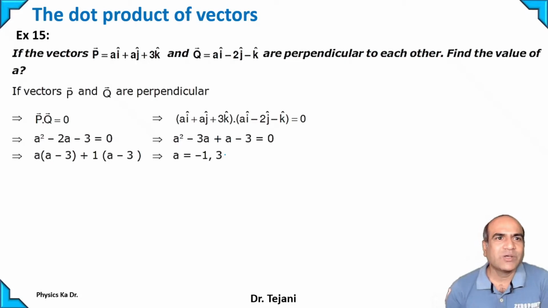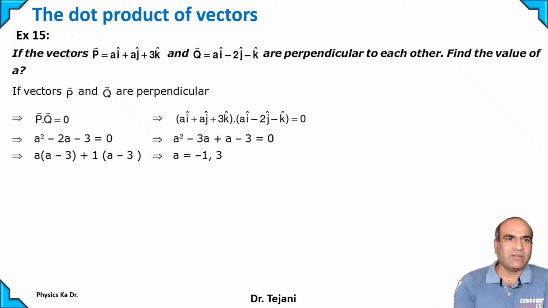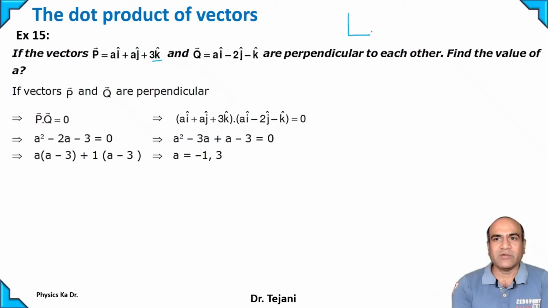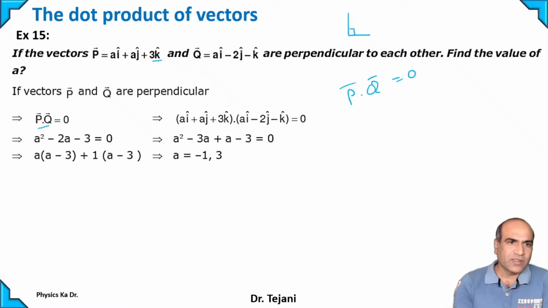Let's have example number 15. If the vectors P equal to a, 3 and Q equal to a, minus 2, minus k are perpendicular to each other, find the value of a. So when they are perpendicular, we know the dot product of the vectors becomes 0.